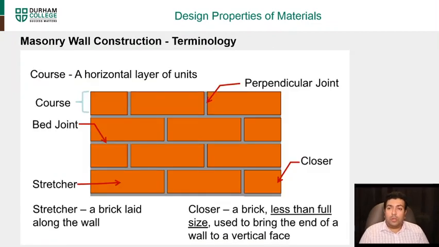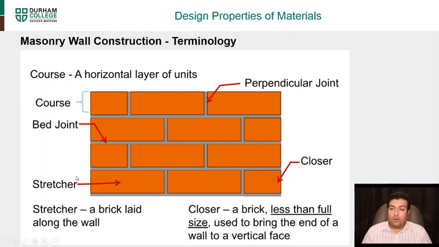Masonry wall construction terminology. So it's important to know these. A course is a horizontal layer of units. So if you have a horizontal layer of units, those are called courses. You can see here the perpendicular joints. These are the perpendicular joints, and the horizontal joints are called bed joints. The horizontal brick laid along the wall is called a stretcher.